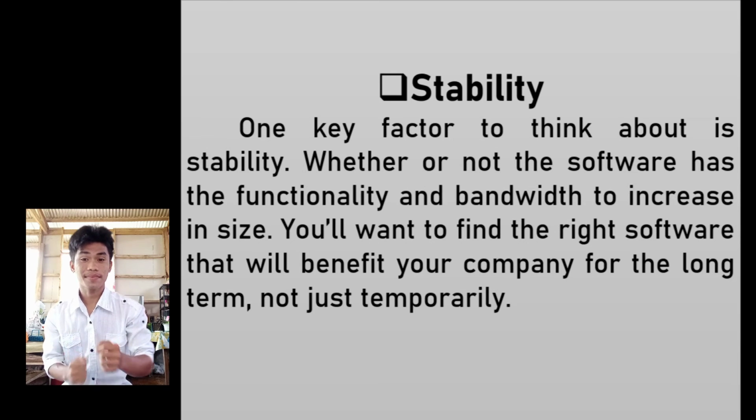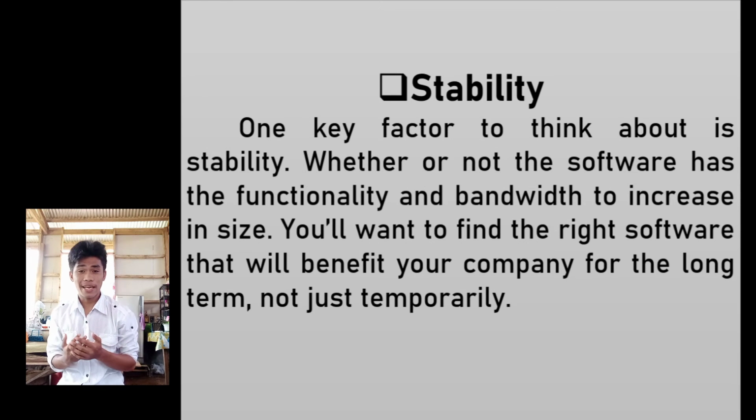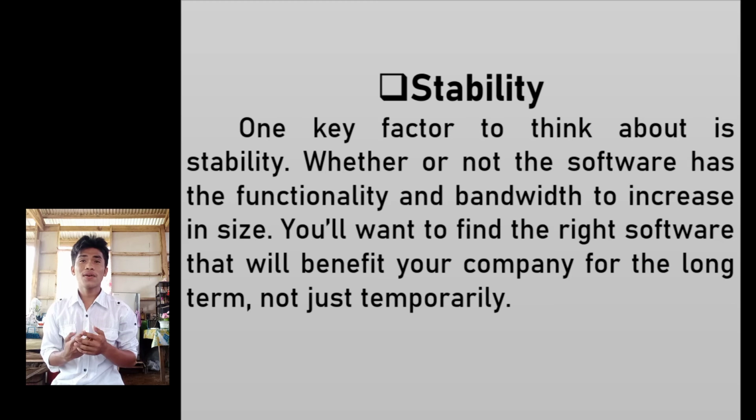Next, from budget to scalability. Your business may be small now, but what happens when it grows larger in a few years? One key factor to think about is scalability and whether or not the hardware or the software has the functionality and bandwidth to increase in size.